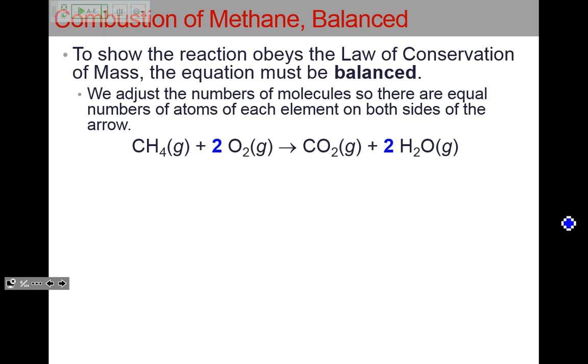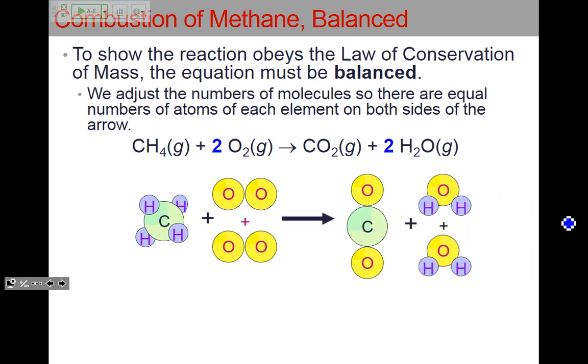Our total numbers of each atom that we start with is how much of our total numbers of each atom that we end up with in the end. Sometimes this is easy to see, sometimes it takes a little bit more, so we'll be going through this. If we balance this, we see that if we actually start out with 2 molecules of O2, we're going to form 2 molecules of water, but now we're balanced.